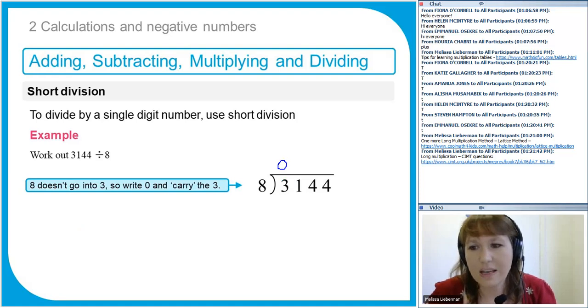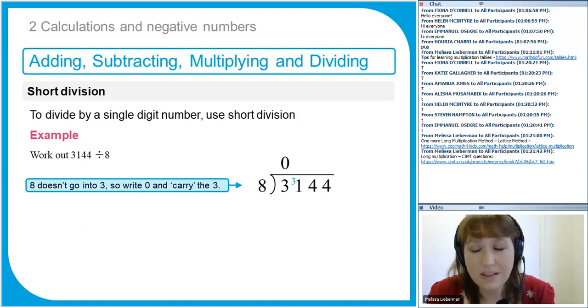Or you could just say, well, it doesn't go into there, so how many times does it go into 31? We go into the next digits and carry that across. You need to know your 8 times tables to work this out. If you're not sure, you can start going through them: I know that 4 times 8 is 32, so that's too big.